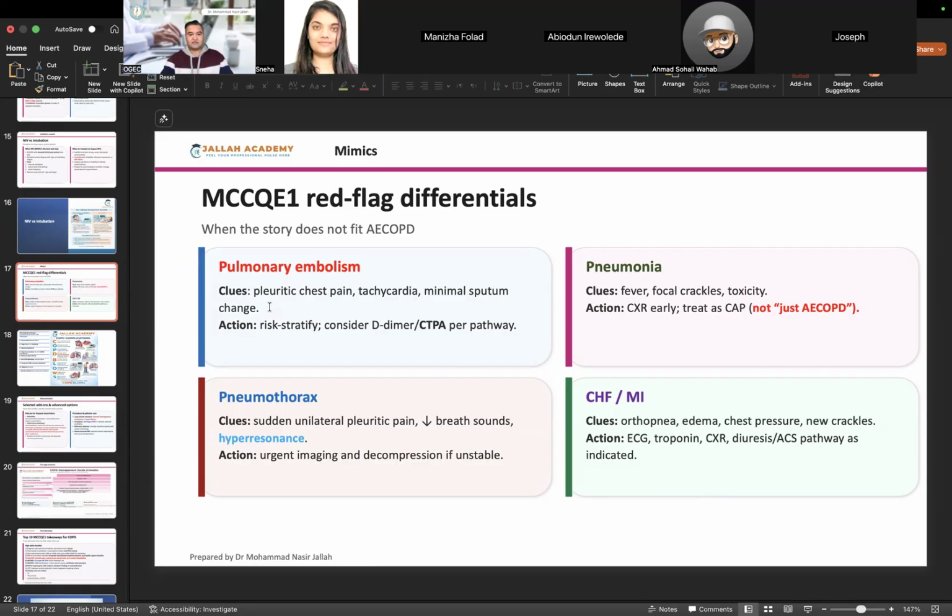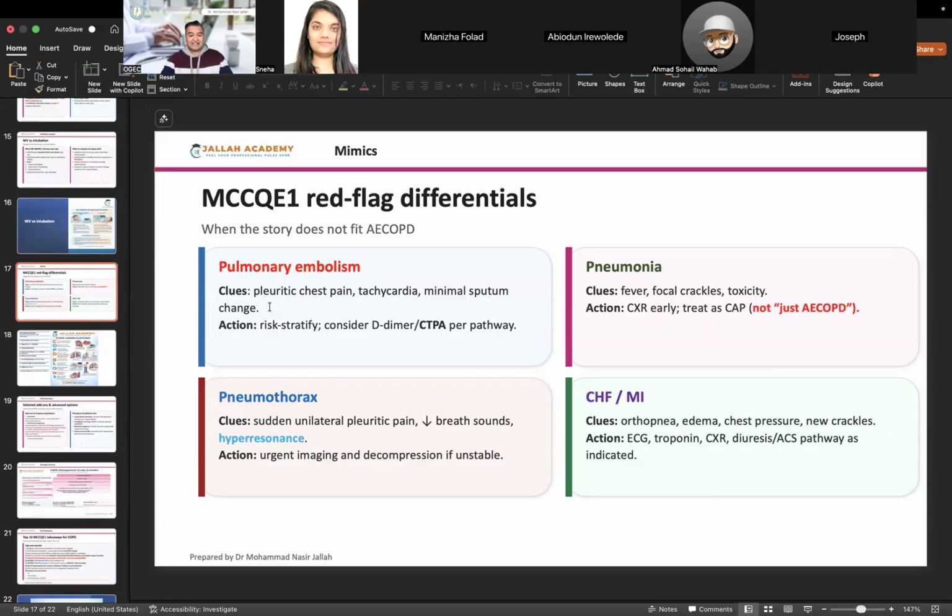Risk stratify, consider D-dimer, no, just go with CT pulmonary angiography, which is most commonly used and the best investigation. Pneumonia: the patient will have fever, focal crackles, and toxicity. Chest X-ray, treat as community-acquired pneumonia, not just exacerbation.